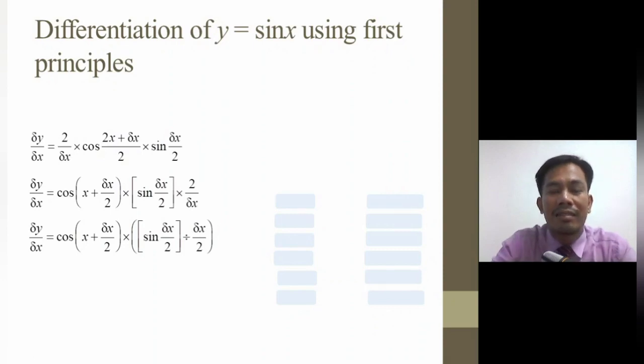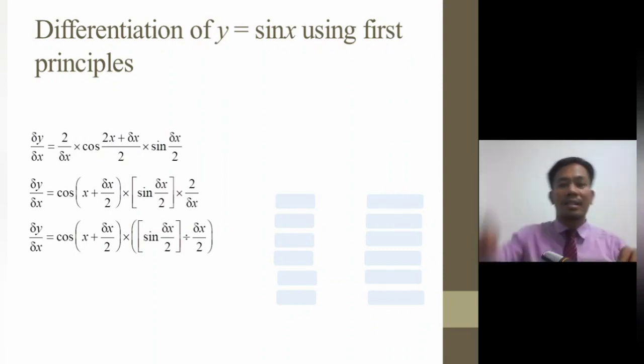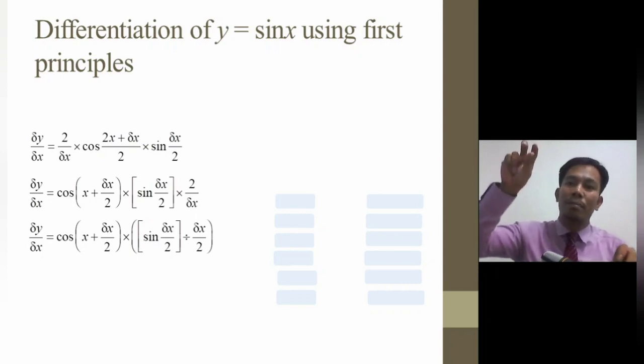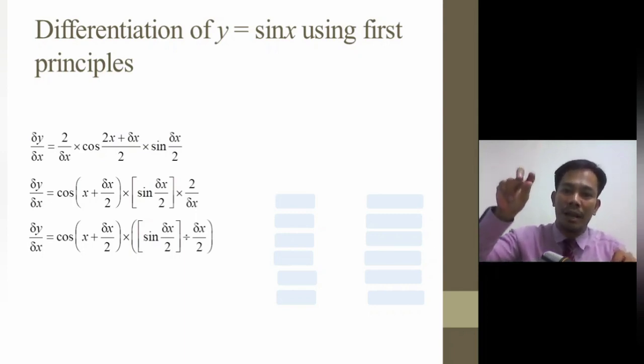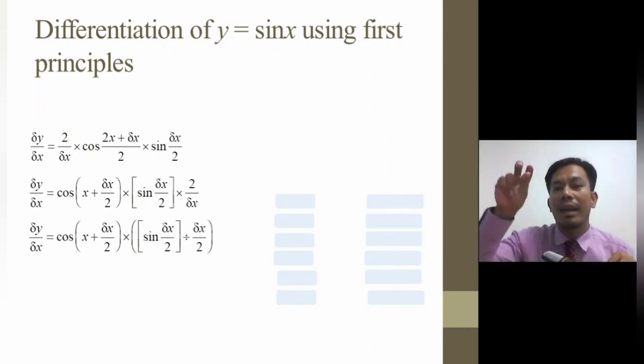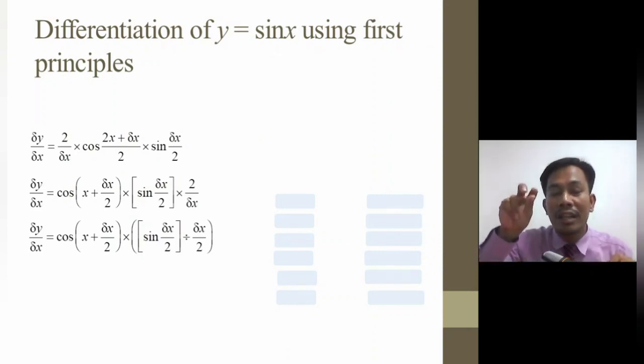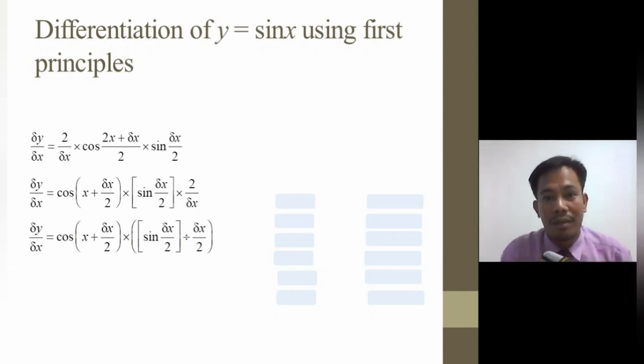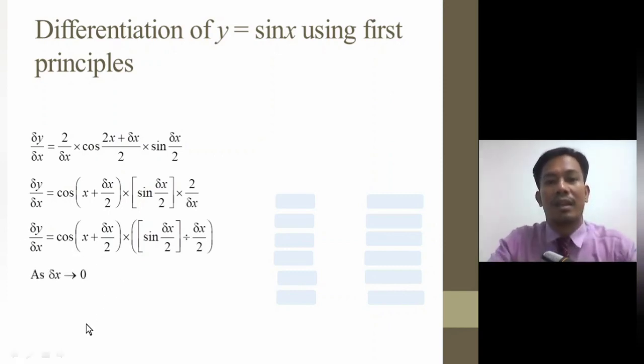And remember, if I bring this Q back and go nearer to the original point P, the increment of x will approach 0.